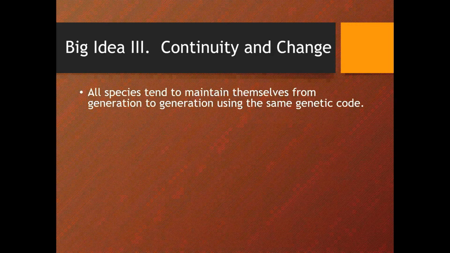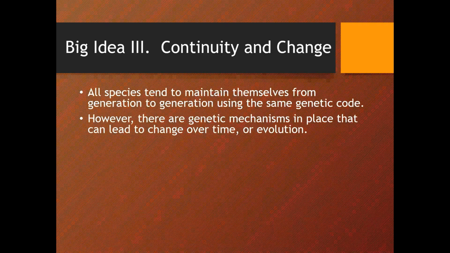And we describe how that allows species to maintain themselves from generation to generation, but also respond to changes in their environment. So while the DNA molecule that holds our information is stable, it does have the ability to change, and this allows organisms to change and evolve.